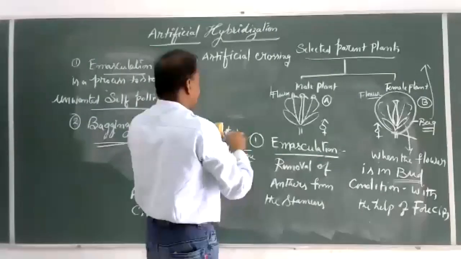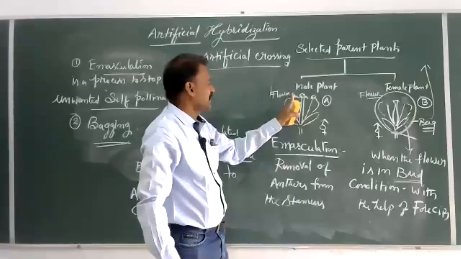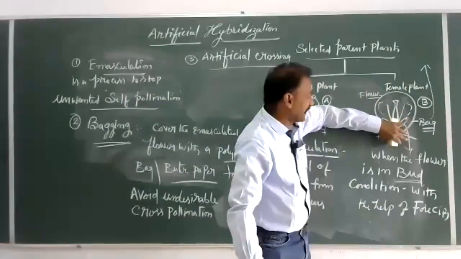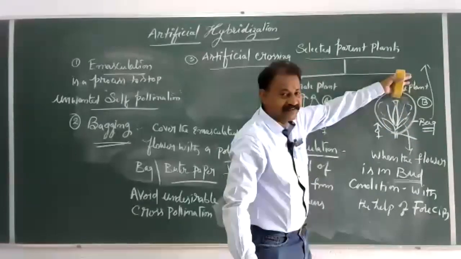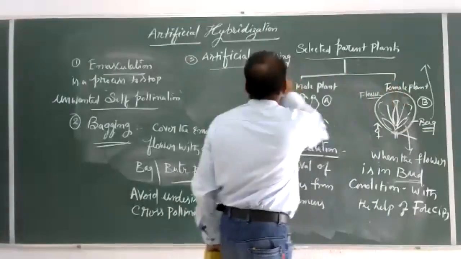What is artificial crossing? Just now we have seen. From the desirable male plant, collect the pollen grains and drop them on the female stigma by opening the bag, dusting the pollen grains on the stigma.